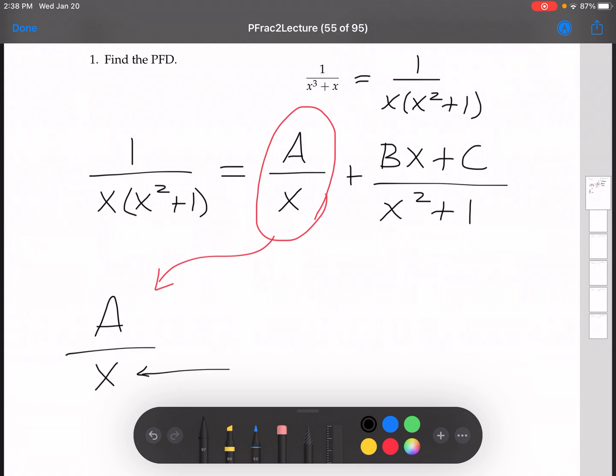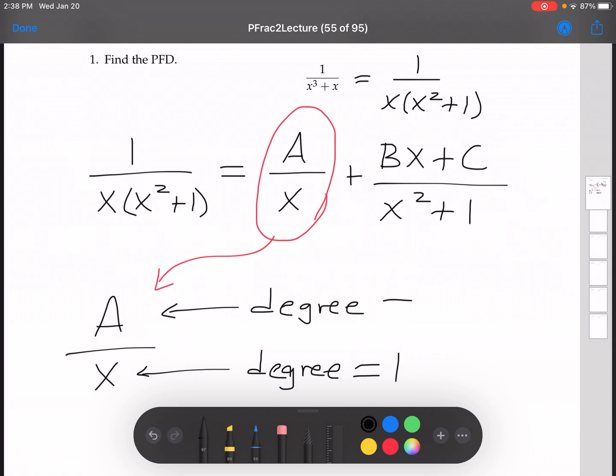So the degree of a polynomial is the highest power of x. So the degree of x equals 1. And where a is going to be a number, the degree equals 0, because you could think of a as a times x to the 0. Remember, x to the 0 is 1. So a times x to the 0 is a times 1, which is just a.